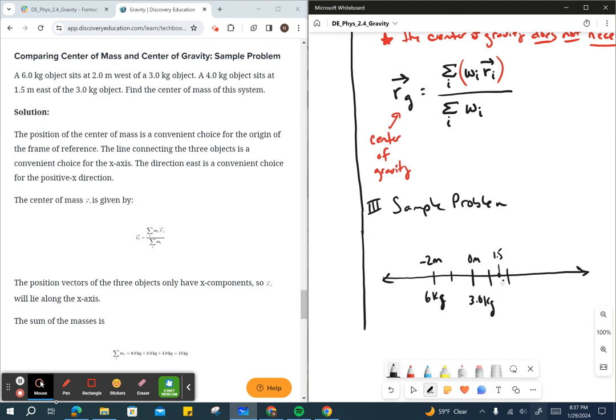So how are we going to write that down here? 1.5 meters, positive. We have a 4.0 kilogram object. All right. So where's the center? I think that's what they're asking. Find the center of mass.